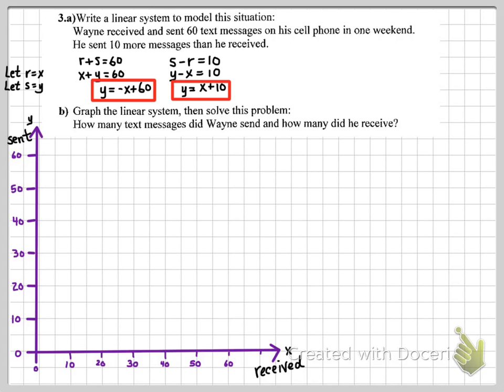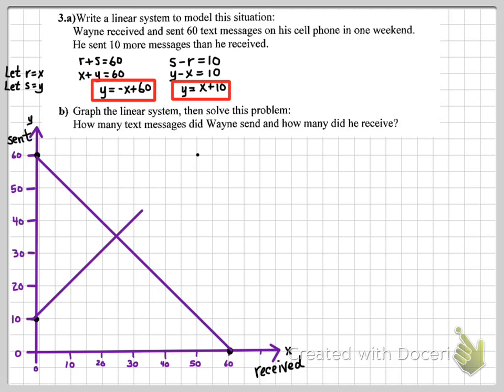Notice now I've plotted my points for my x and y intercepts. When x is 0, y is 60, and when y is 0, x is 60. For the second equation, when x is 0, y is 10. And I need another point, and 0, 0 is not going to work, so I'm going to pick when x is 50, y is 60.